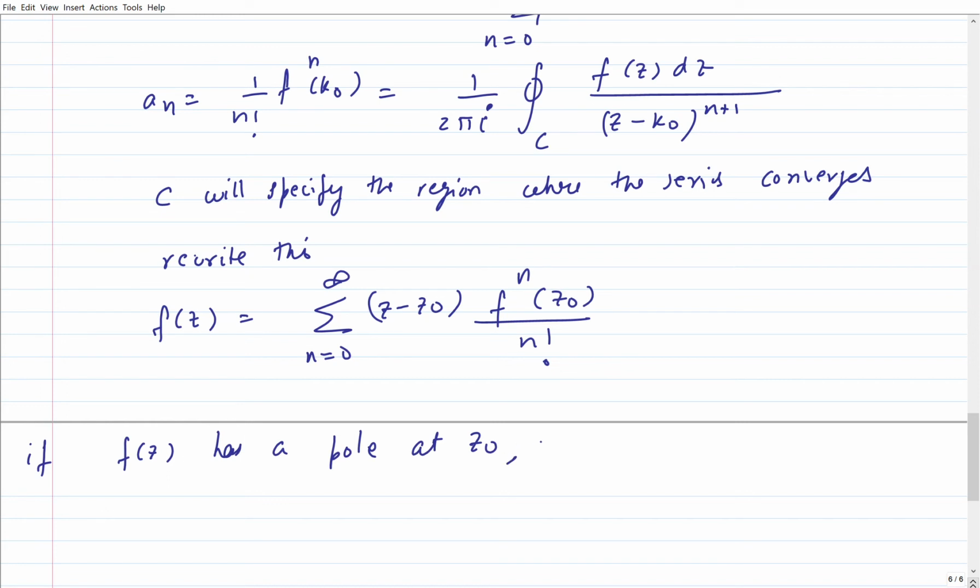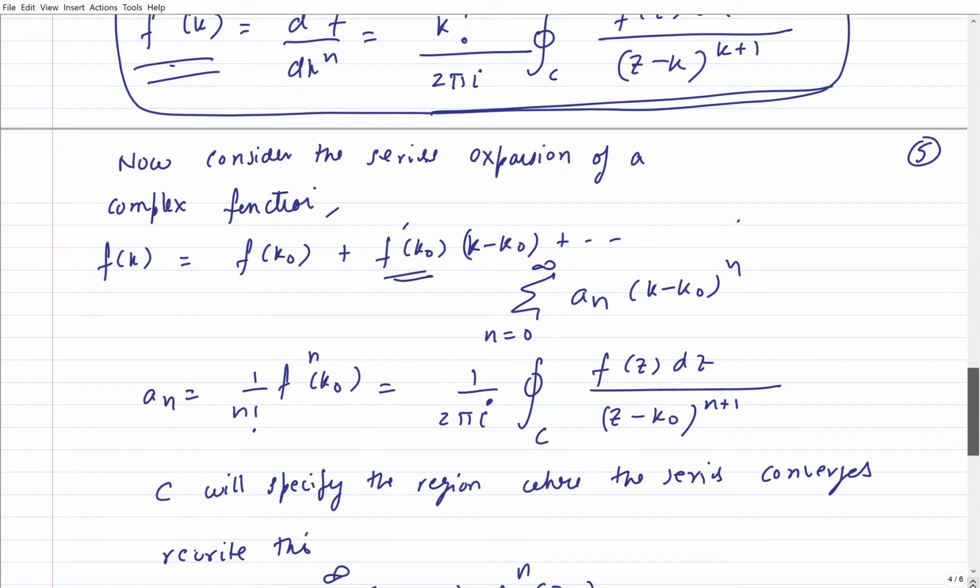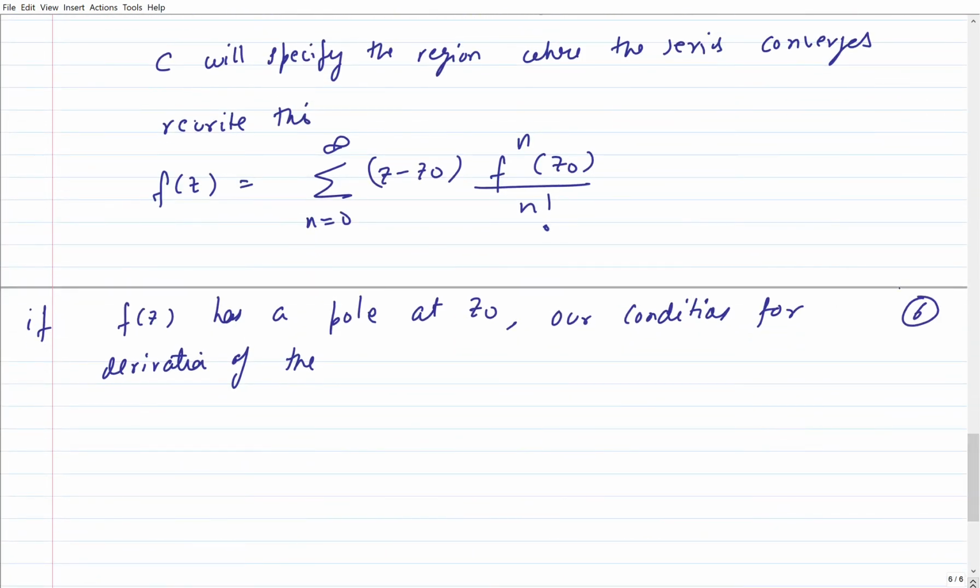well, then notice that our conditions for the derivation of the Cauchy's integral formula do not hold.